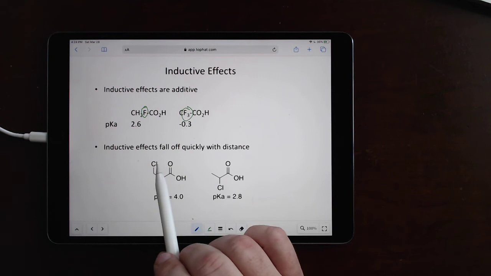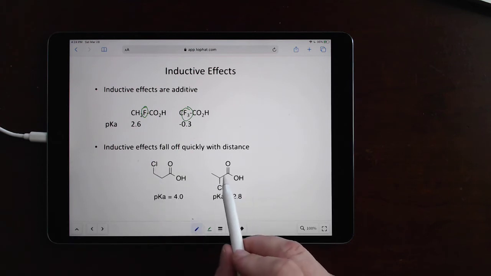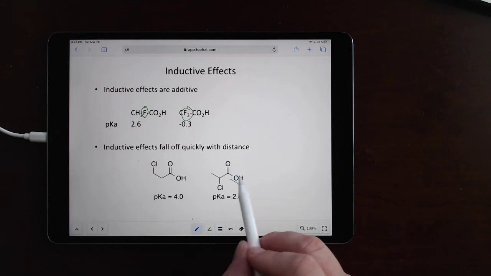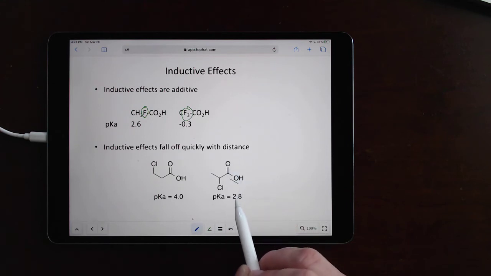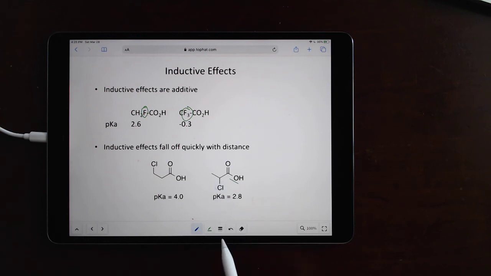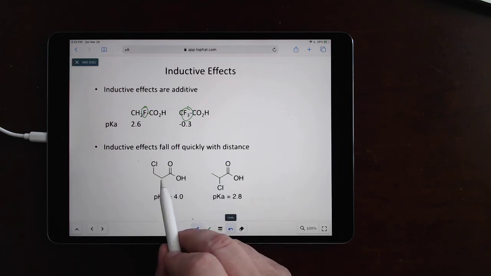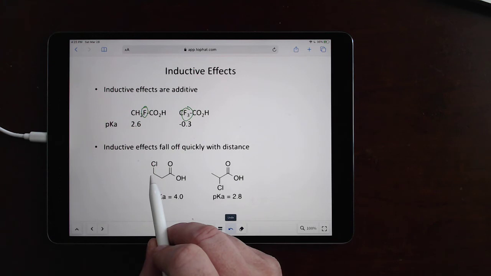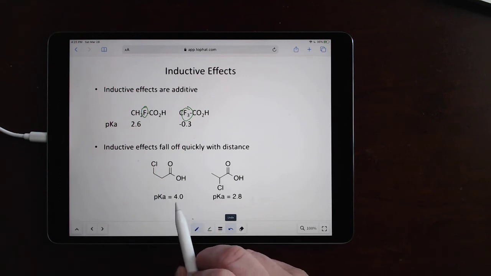Now, one of the things about it is proximity does make a difference. If you have a chlorine adjacent to the carboxylic acid, you have a pKa of about 2.8. If you move the chlorine over one more carbon, then that effect starts to wear off pretty quickly.